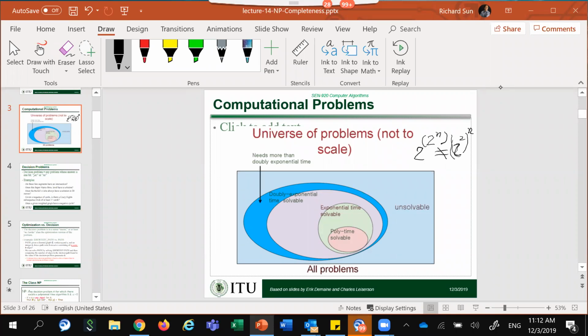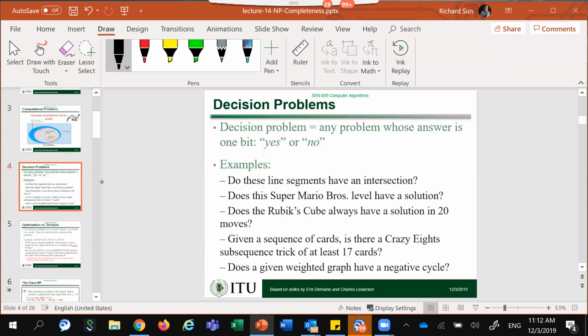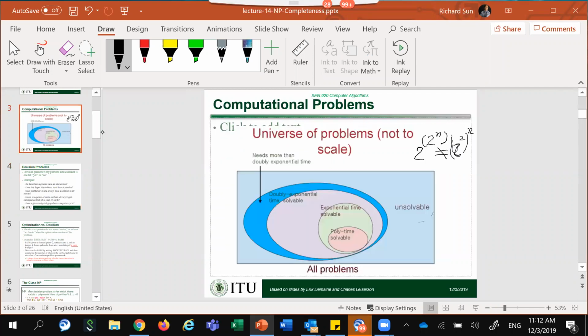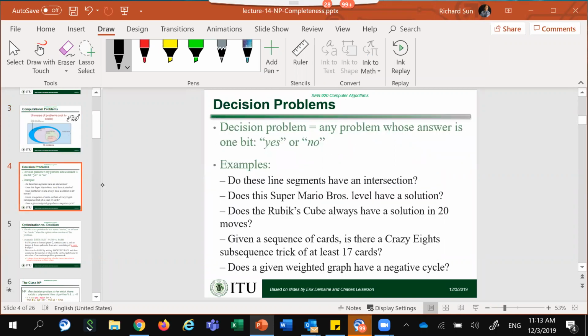If you want to understand why, there's a course taught by Professor Richard Reel. This is the kind of knowledge that can be covered there. I don't know whether he covers that or not. So this picture gives you some idea of the hierarchy of the problems that we're solving.